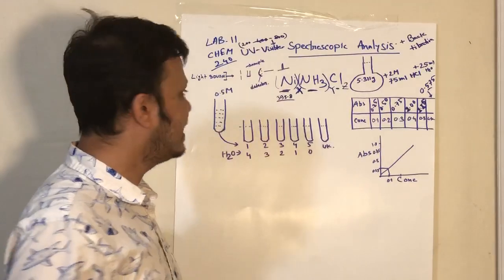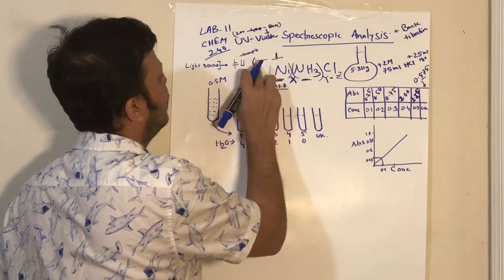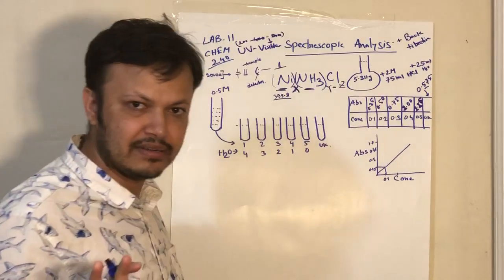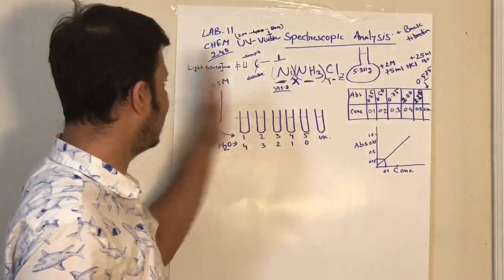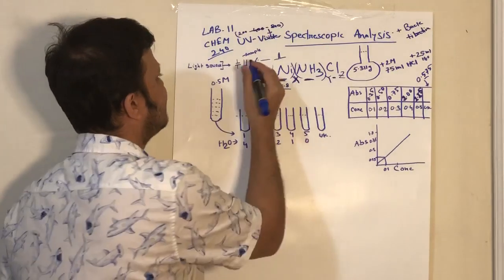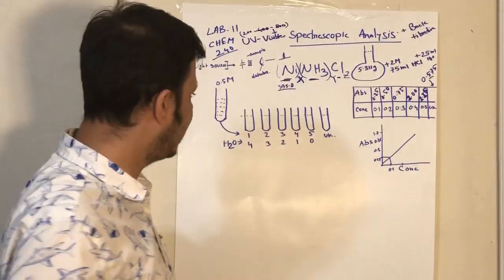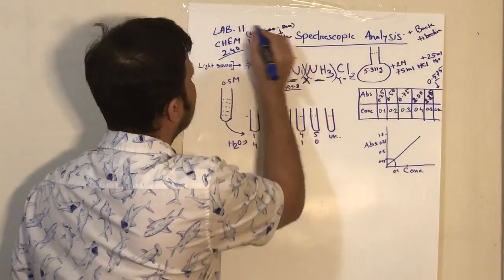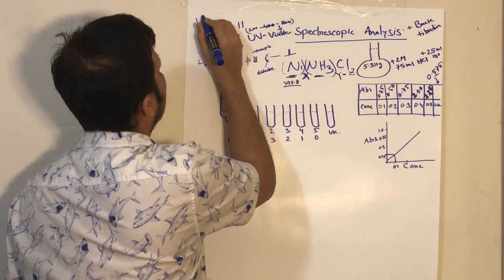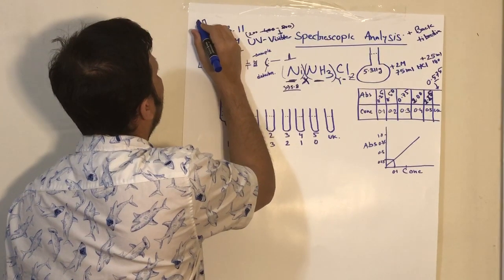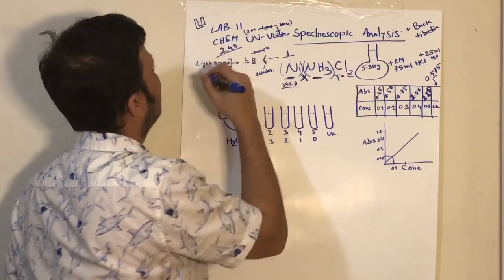The slit only lets the 200 to 800 range go through, since we are analyzing within that range. You will have some sample here. We call it the cuvette. The cuvette looks like this.